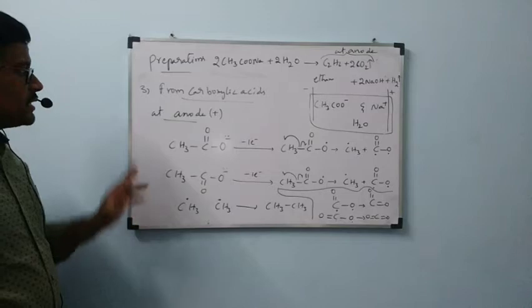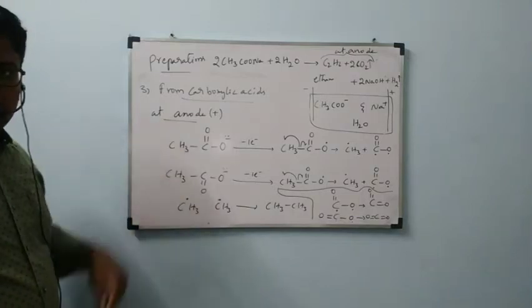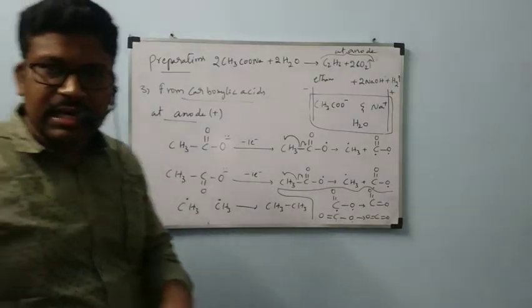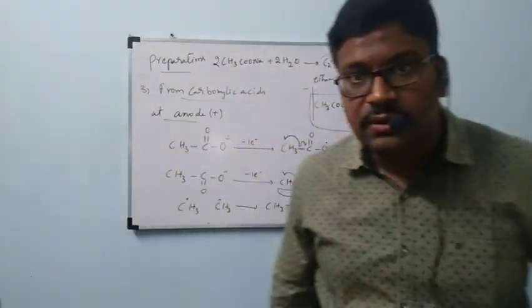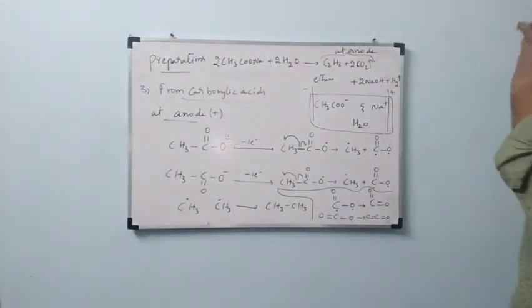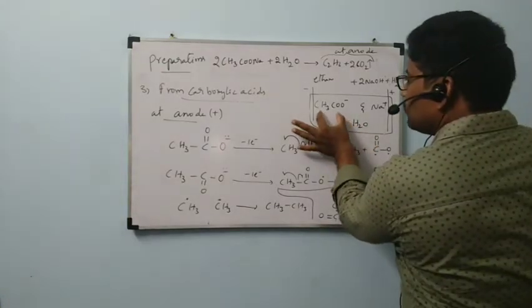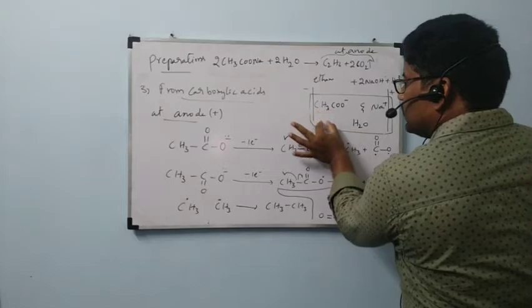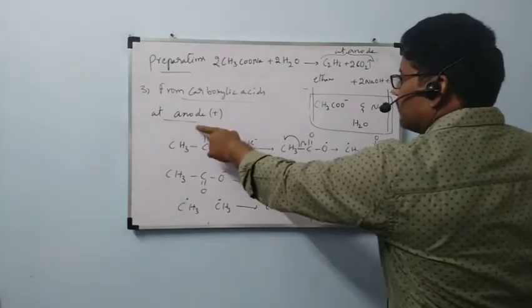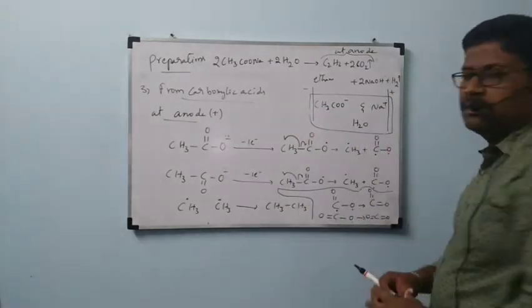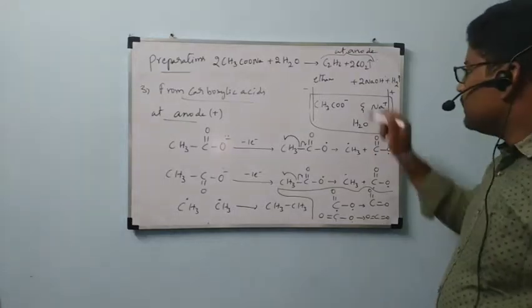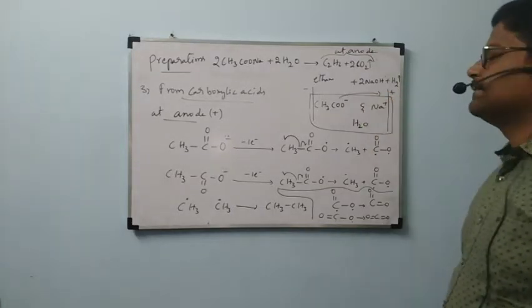These are the two products obtained at the anode. The reaction is not completed. We have to see the products at the cathode also. Note down the reactions carefully, all of you. So because of this one alone, 2 moles, we got ethane and carbon dioxide at the anode. Negative charged particles will be attracted towards the anode.